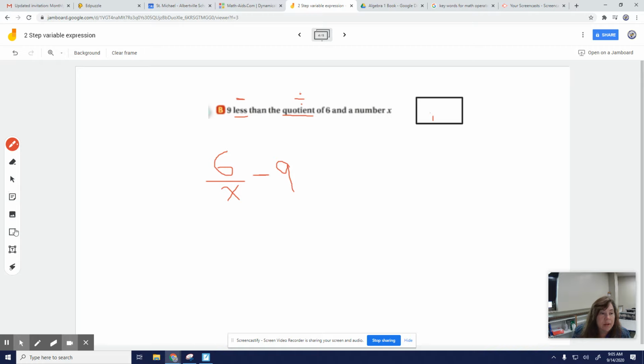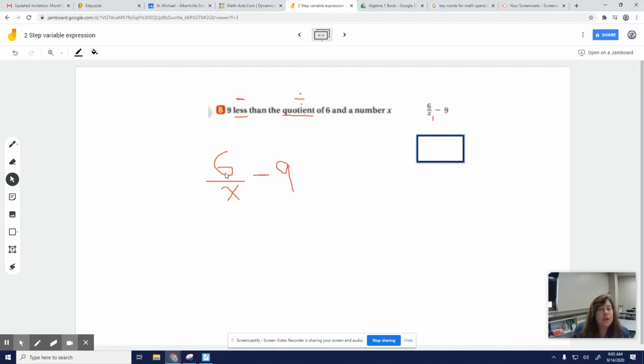Let's see if it'll let me move it. It keeps wanting to pop up that extra box. So if I move it, 6 over x minus 9.